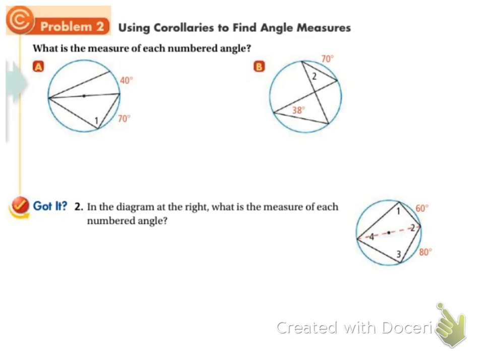So let's give that a shot. We're just going to do our got it problem down here. If I look at angle 1, it matches up with this arc, which is half of a circle, right? A semicircle. So this arc is 180, which means that angle 1 is 90 degrees, right? 180 divided by 2 gives us 90.